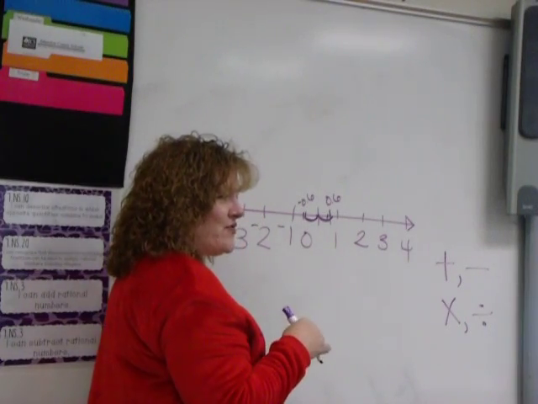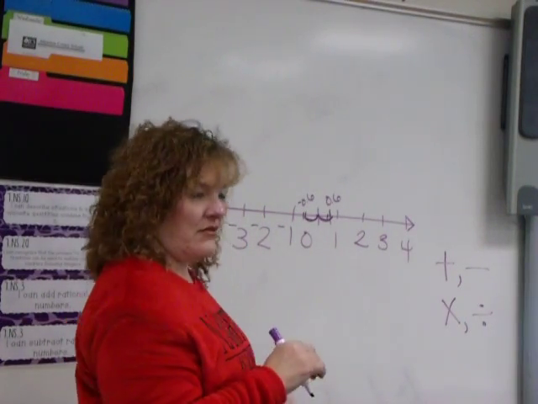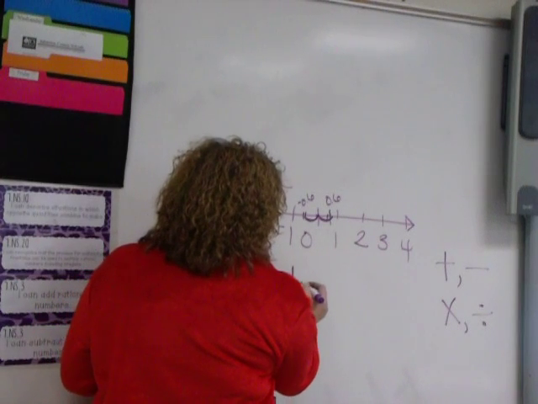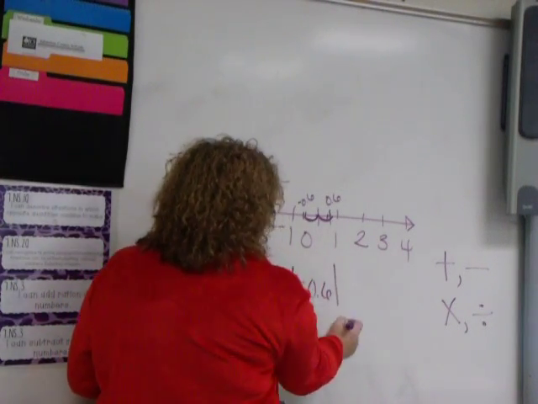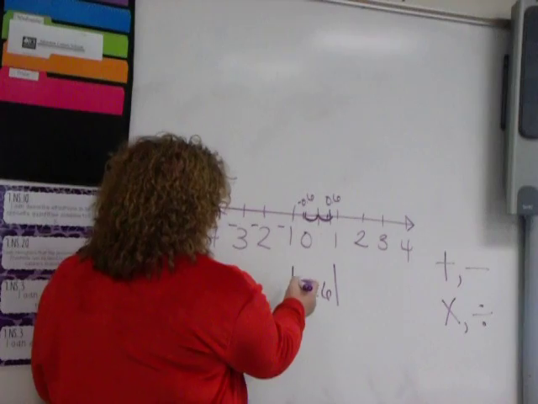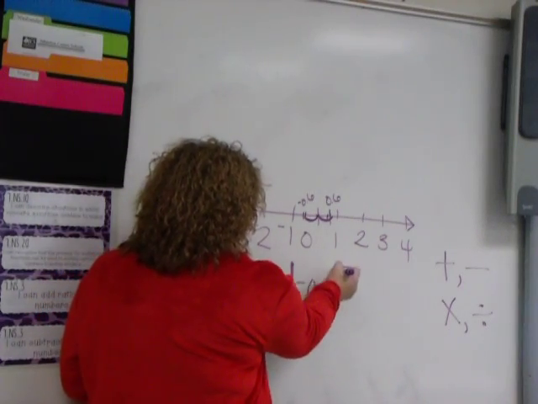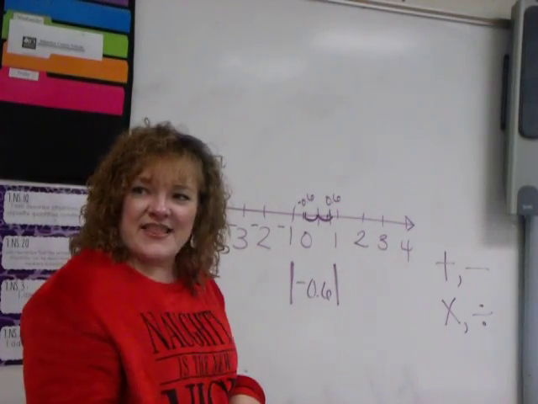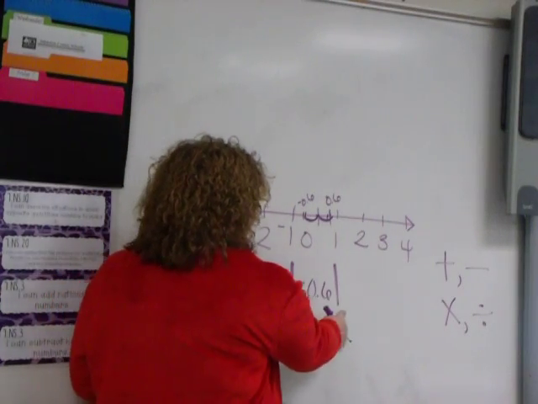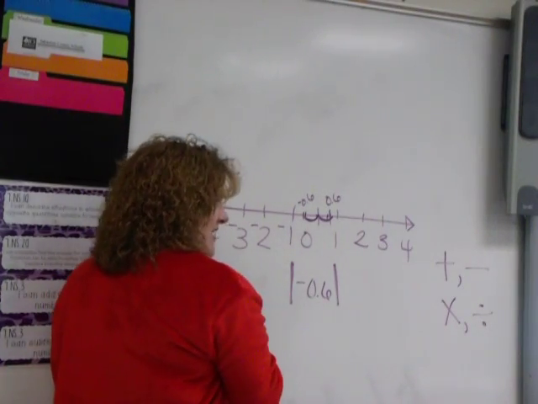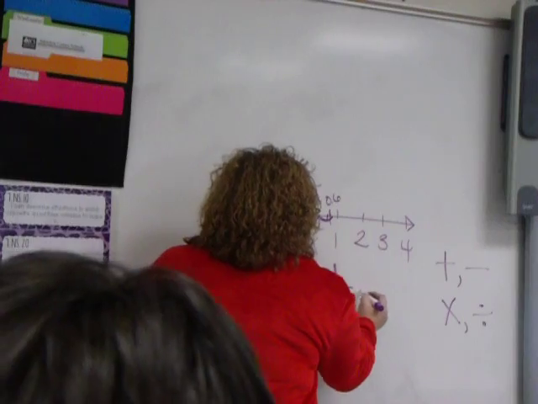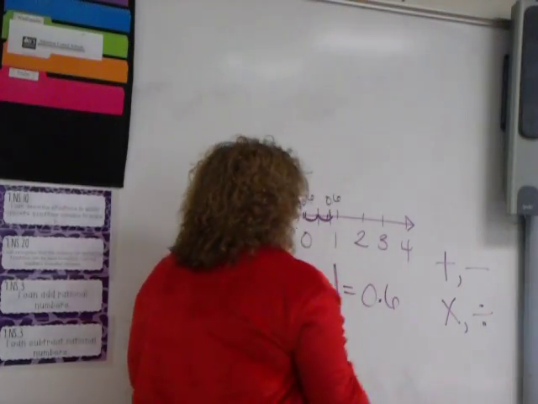You should know absolute value from last year. Absolute value is the distance from 0. The absolute value is usually drawn in these parallel bars, and that just means I want to know the distance that this number is from 0. Absolute value is always positive.